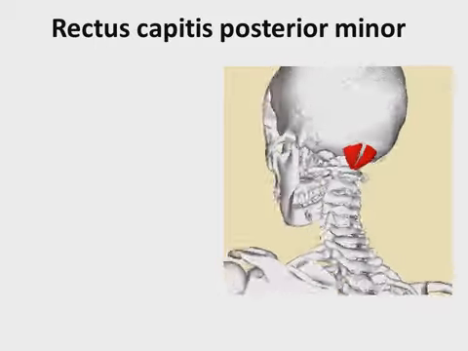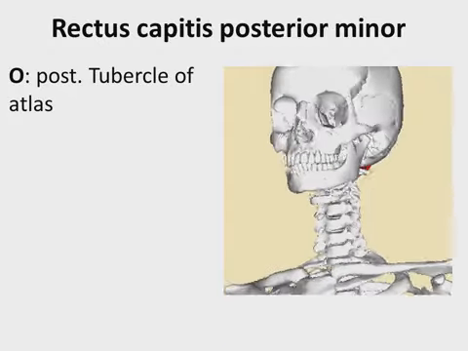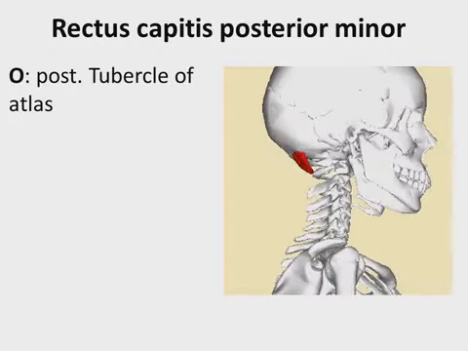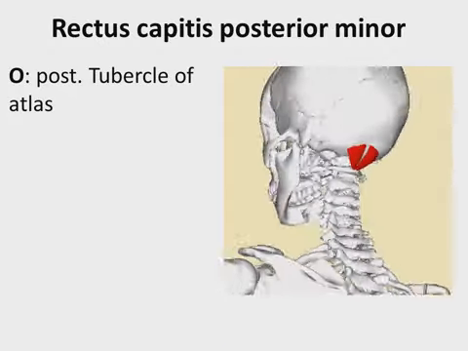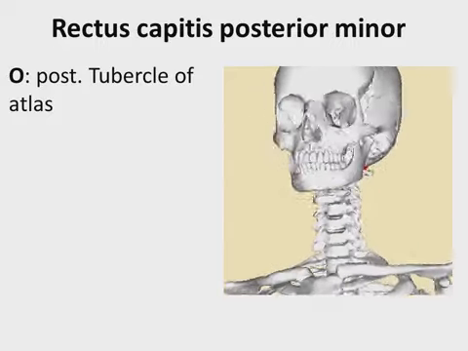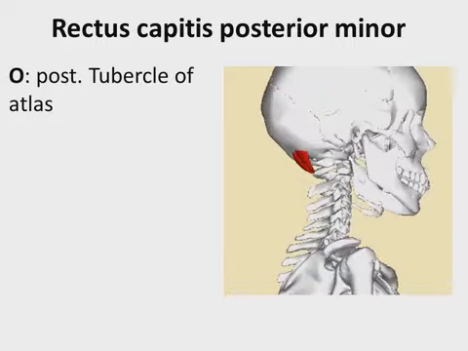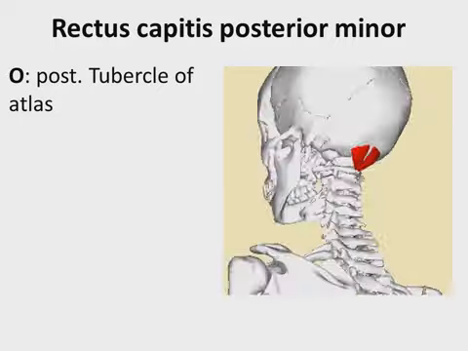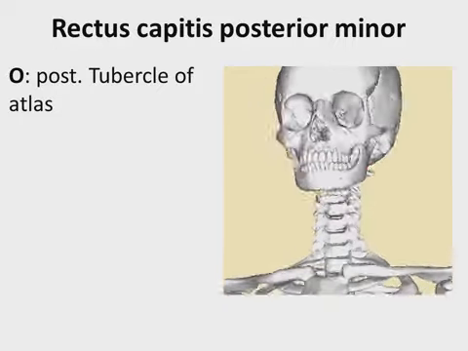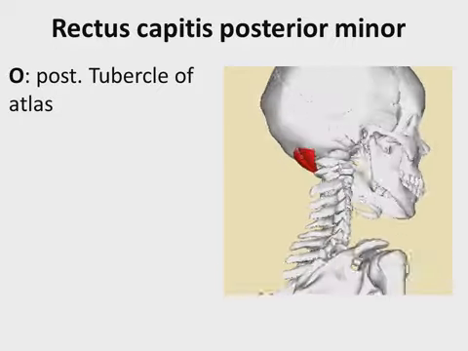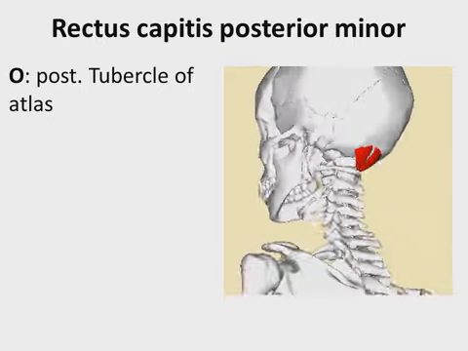Here we can see the rectus capitis posterior minor, which originates from the posterior tubercle of the atlas vertebra. The first cervical vertebra is called the atlas vertebra, and posteriorly we can see a prominent tubercle, so it is called the posterior tubercle.